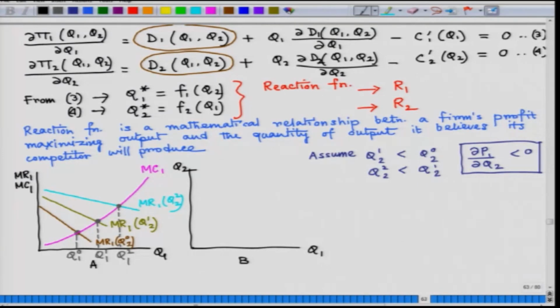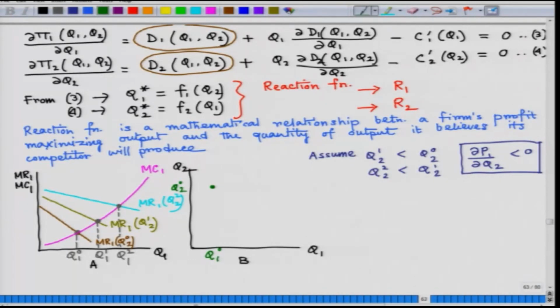Now note that I can plot these points. Suppose this is a point whose coordinates are Q01 and Q02. This is the initial point at which we started, but this is conditional upon the assumption of firm 2's output level.